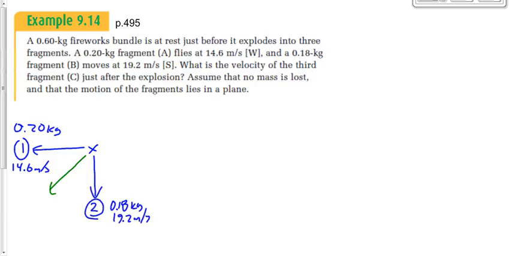Okay. Listen, think about this. What was the total momentum before this explosion took place? 0, right? What's the momentum after it takes place? 0. Well, if there's 0 momentum afterwards, and we have momentum to the left, then we have to have momentum to the right to counter that.